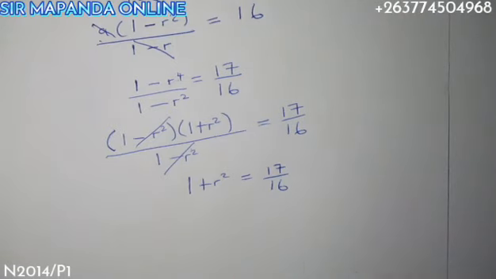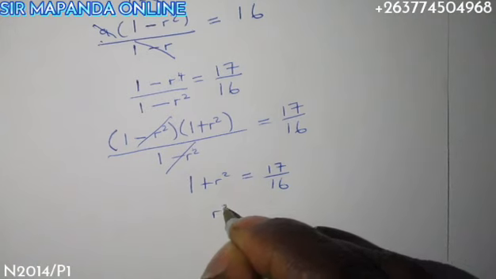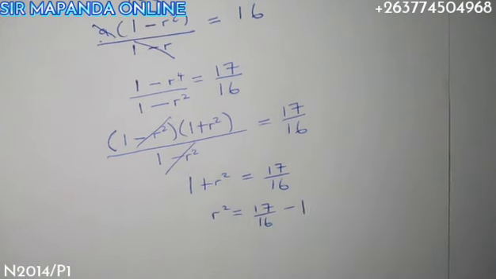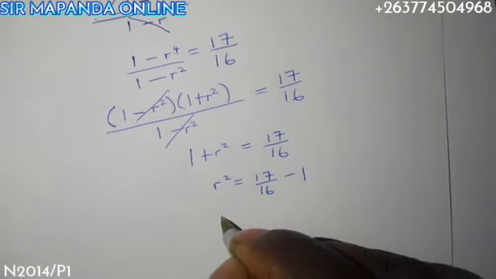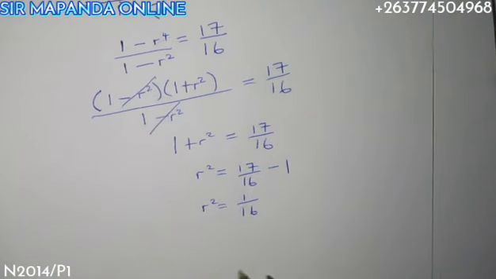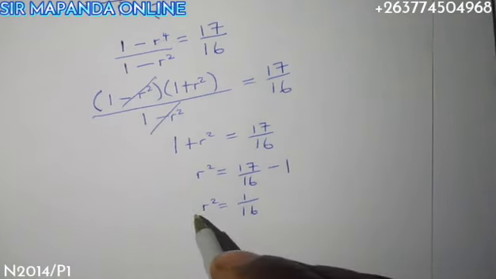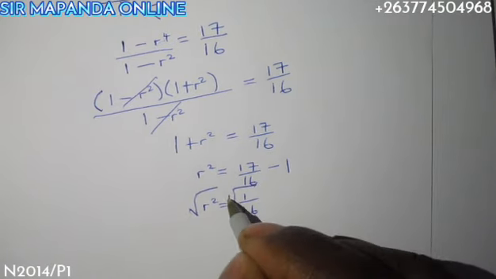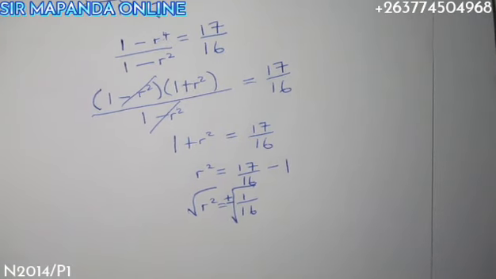We now want to make r squared the subject first. You move 1 to the right side, so now you have 17 over 16 minus 1, which gives you 1 over 16. So r squared equals 1 over 16. Then take the square root both sides. We normally put plus or minus.